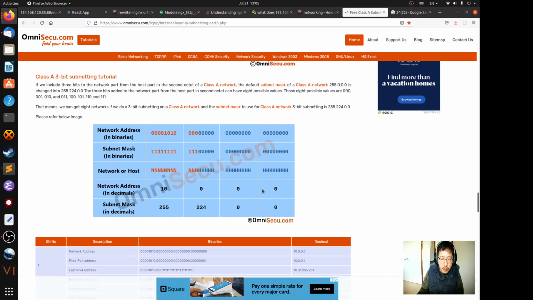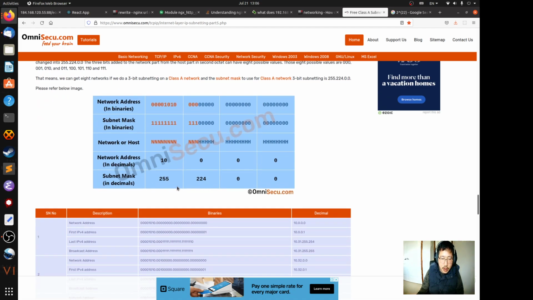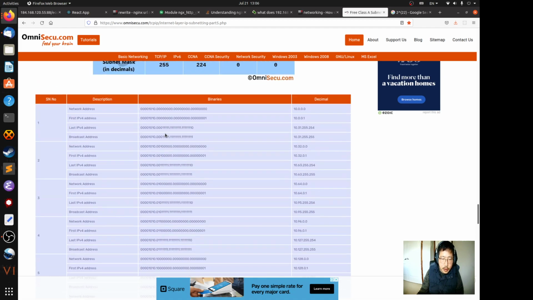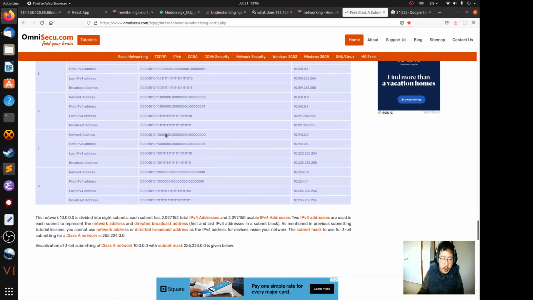This is used to identify the network, or set of networks in this case. And the subnet mask has changed to, well, 224 is just this in decimals. It's the same as before.